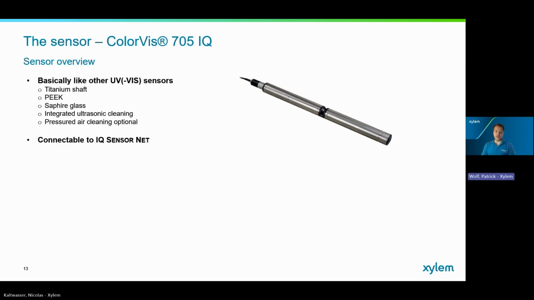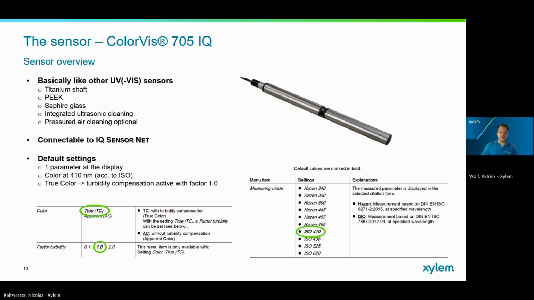So when we look especially at the ColorVis, when we have that now maybe for the installation and we connect it to the IQ sensor net, then the sensor will pop up, as all sensors in the IQ sensor net do, automatically. And the default setting is that we see one single parameter at the display.